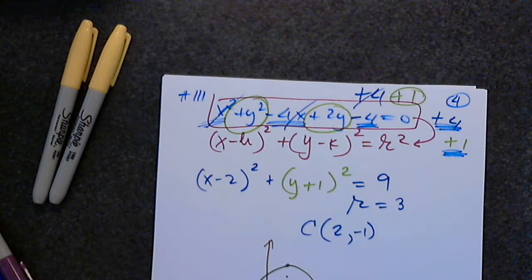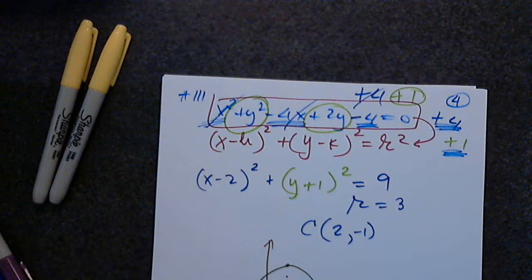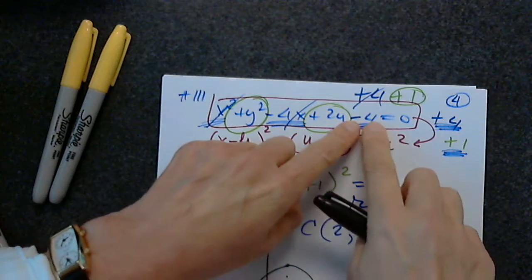Joseph, can you add 4 to one side of an equation without adding it to the other? In this case, no. So that's why I have to add 4 to both sides. That's why I have to add 1 to both sides. I can't change the balance. I ruin the balance of the equation if I only add to one side. Is that better? And then I have the negative 4 on the other side.